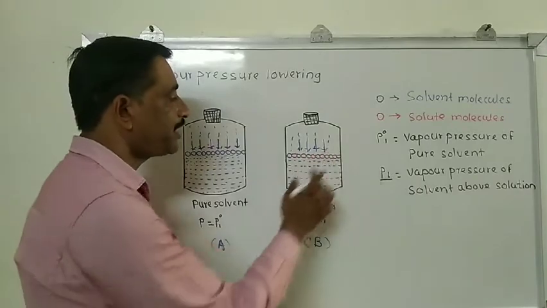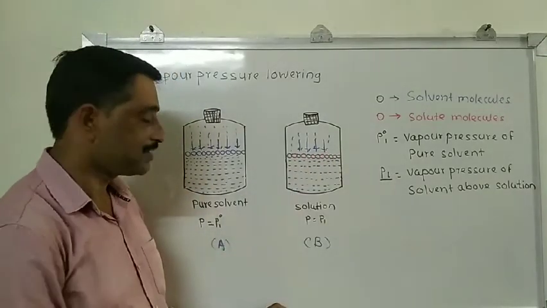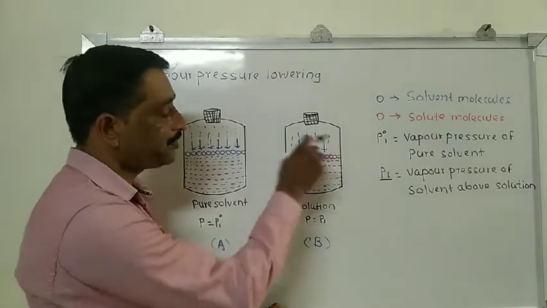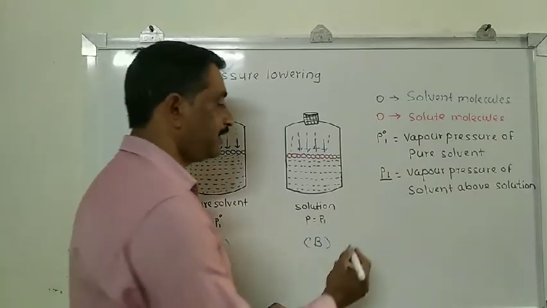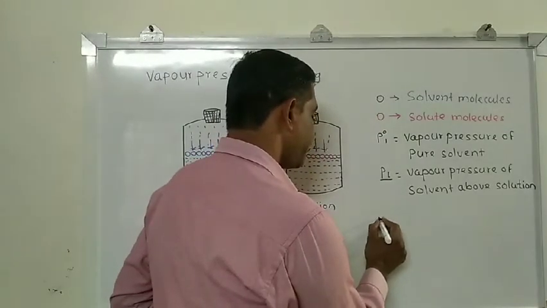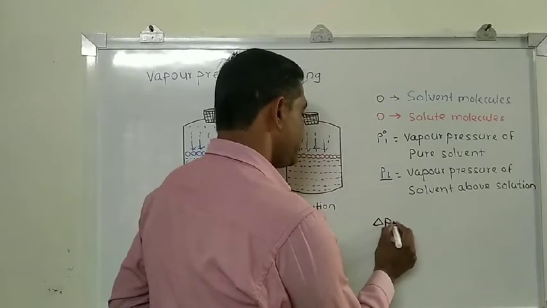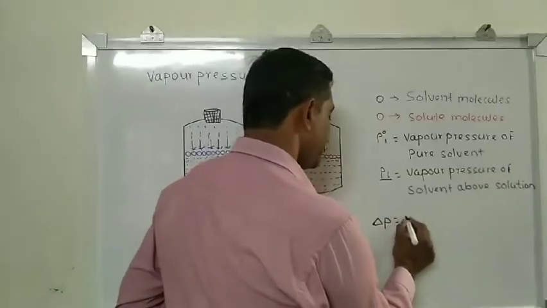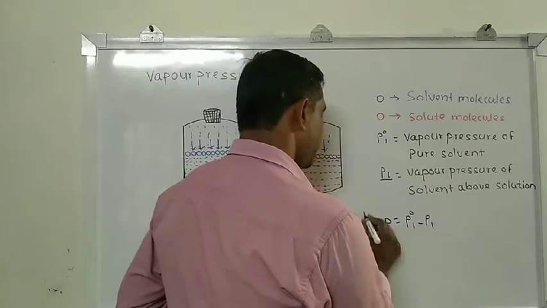The number of solvent particles present in the upper layer is less as compared to the pure solvent, and therefore the vapor pressure of solvent in the solution is decreased. That decrease is represented by delta P, and delta P is equal to P01 minus P1.